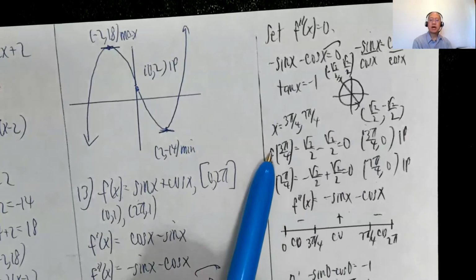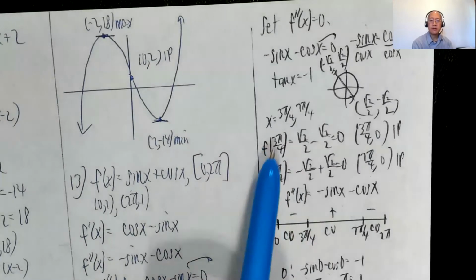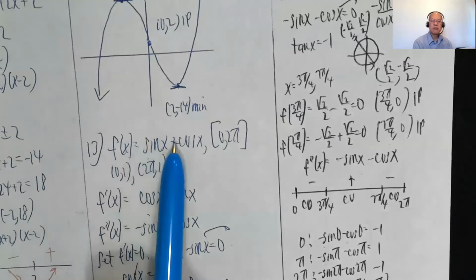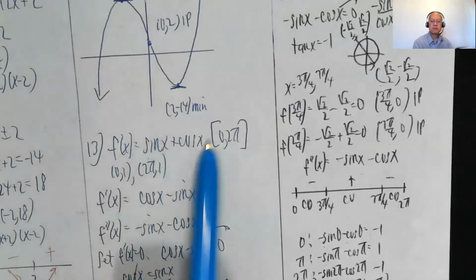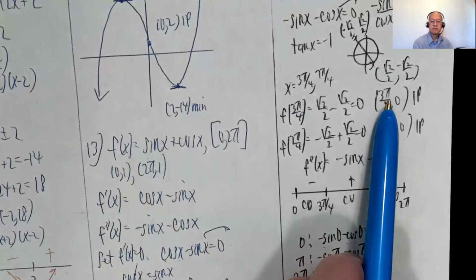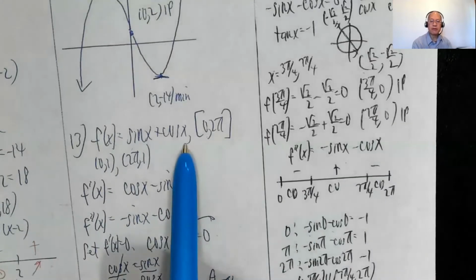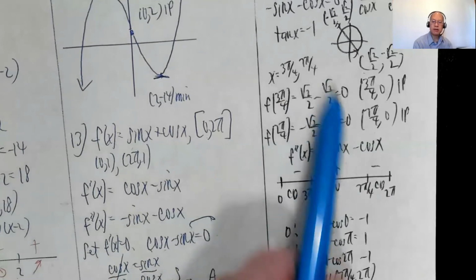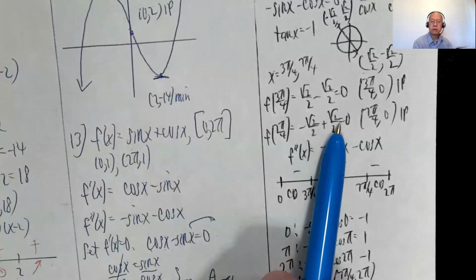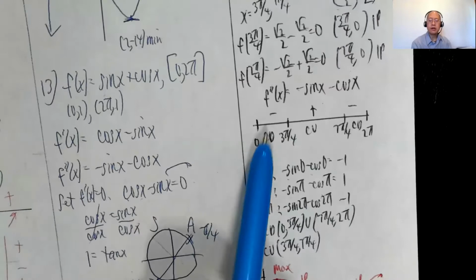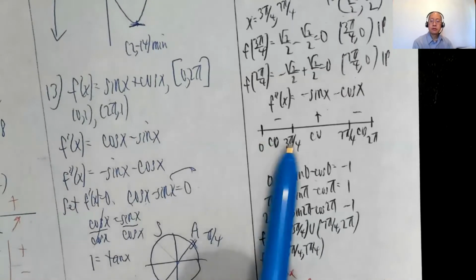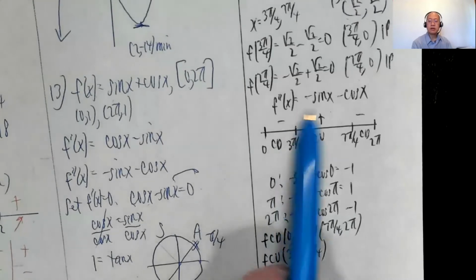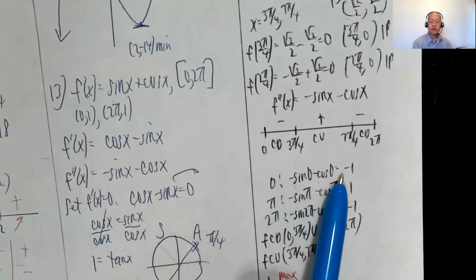So f of 3 pi over 4 is radical 2 over 2 minus radical 2 over 2, which is 0. f of 7 pi over 4 is negative radical 2 over 2 plus radical 2 over 2, which is also 0. I'm going to do my sign chart. Plug in 0: negative sine 0 minus cosine 0 is -1, negative.